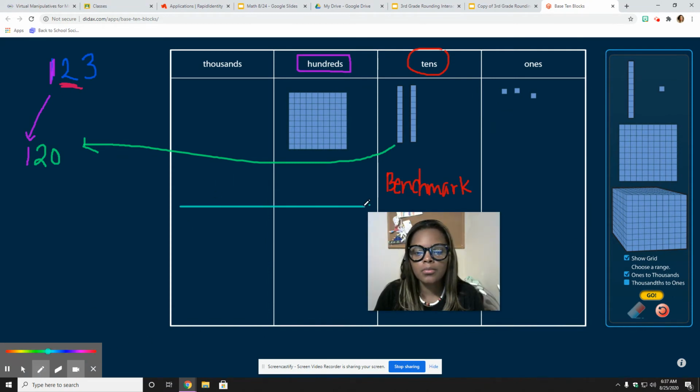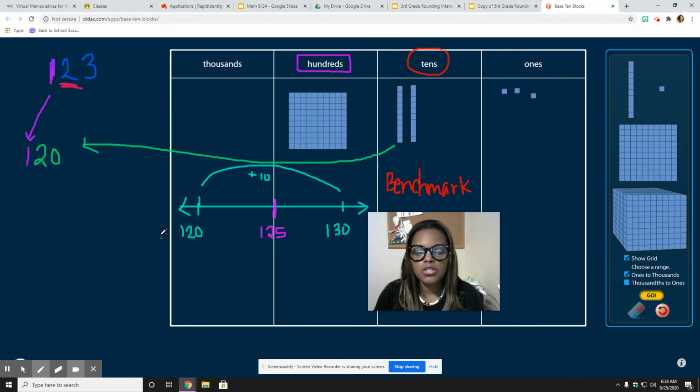So back to our number chart. We've already identified one benchmark number as 120. Now we're going to jump by 10 to get our next one, which will be 130. Our midpoint number is 125.